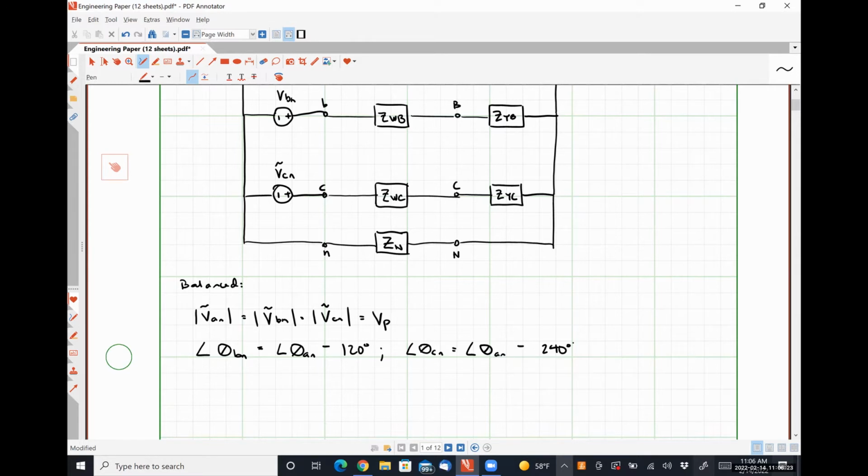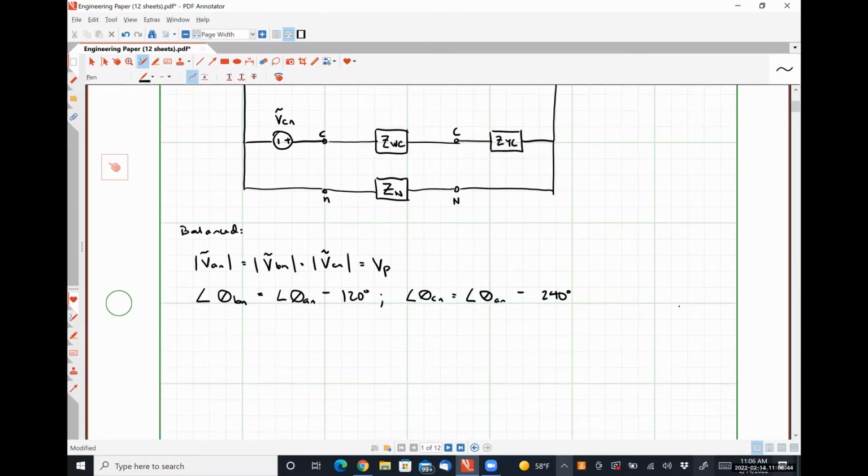So on the source side, then, we have a balanced three-phase source when the magnitude of our phase voltages are equal, and we see exactly 120 degrees of separation between each phase. All right. For our middle section, the transmission lines, we also need to have them as a balanced system in order for the whole system to be balanced.